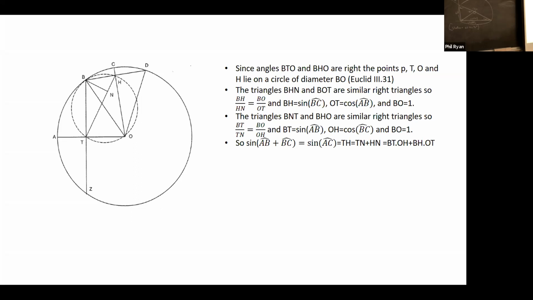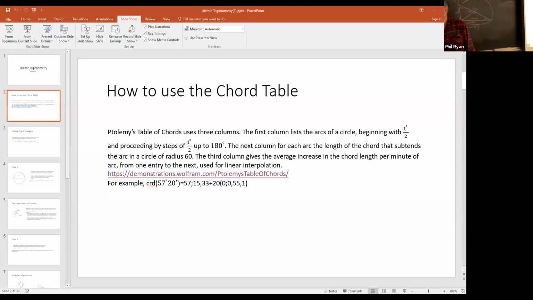And so then sine of AC is this sum of products here, but we can write these as sines and cosines, and then that gives us the addition rule for sine. I didn't want to really go into the full detail of that, but the basic idea is setting it up with these similar right triangles. Okay, so that's what I wanted to put on today.